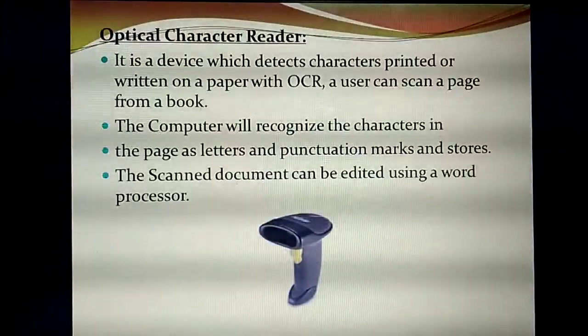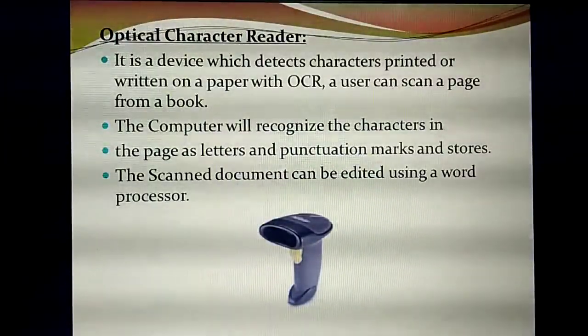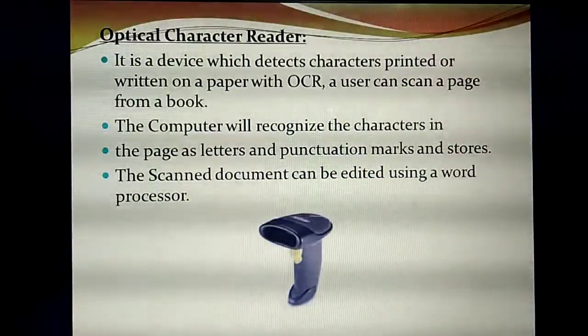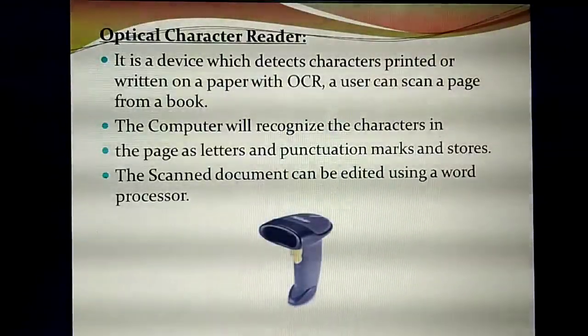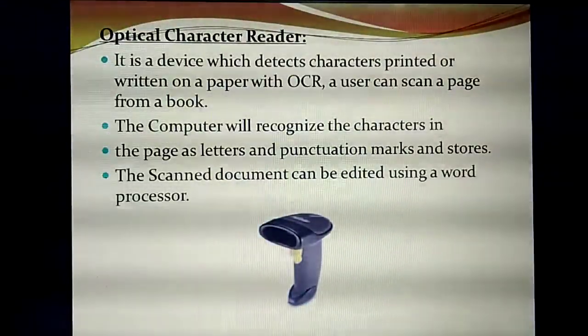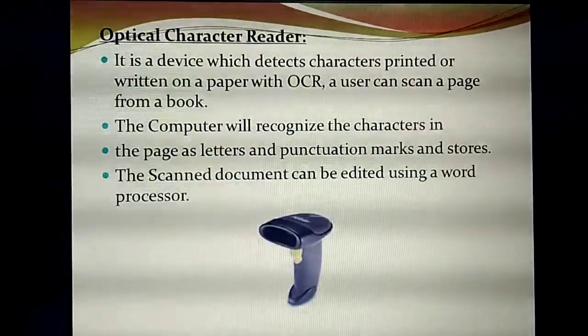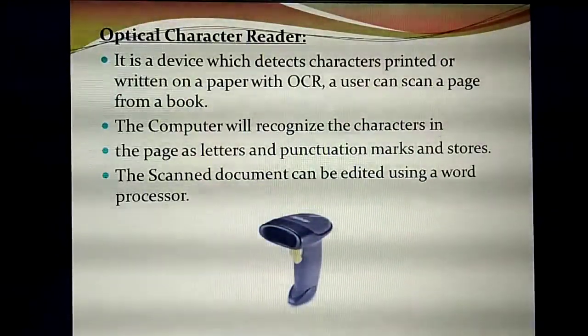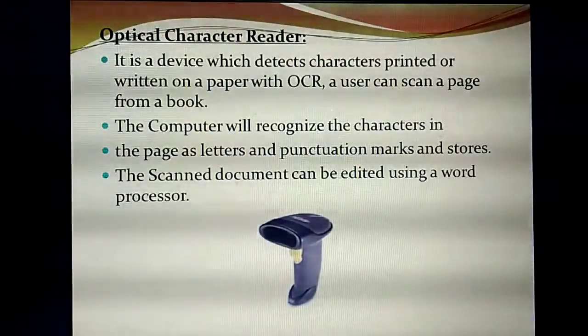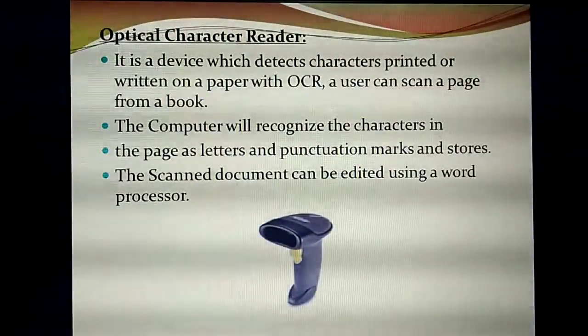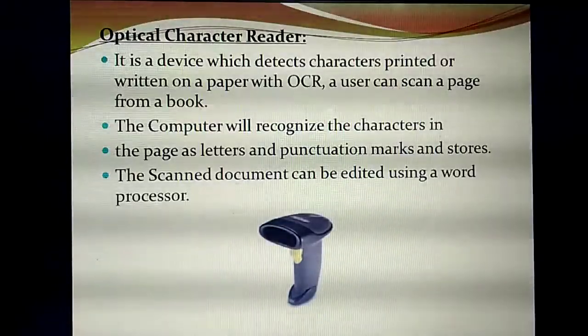Understand what's the use of the optical character reader? A scanner scans only a full page, but here you can detect or scan particular characters printed on a paper, or your written notes, or even a full book.